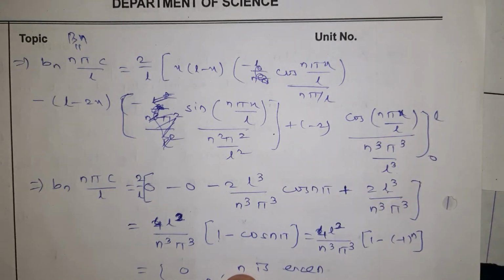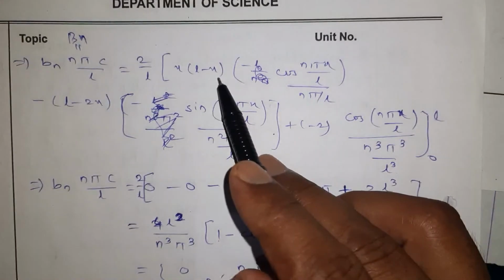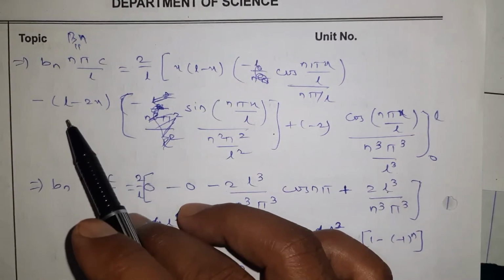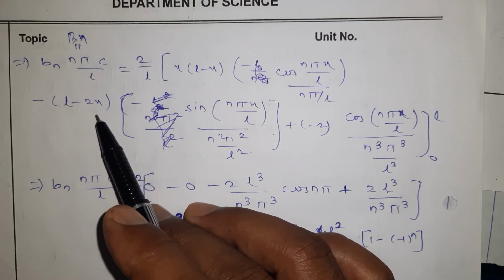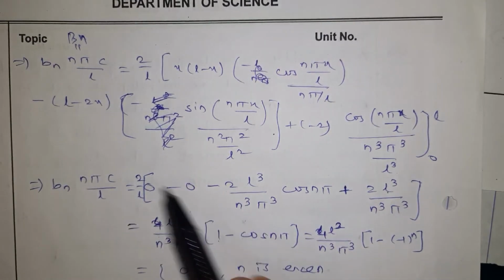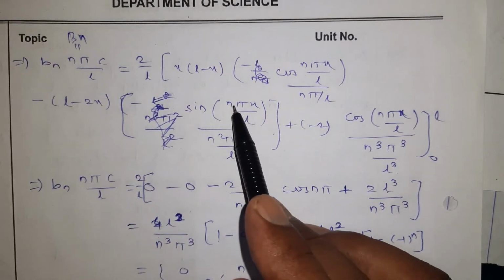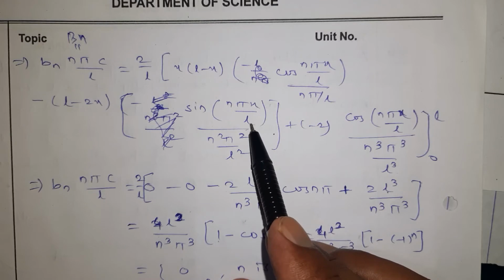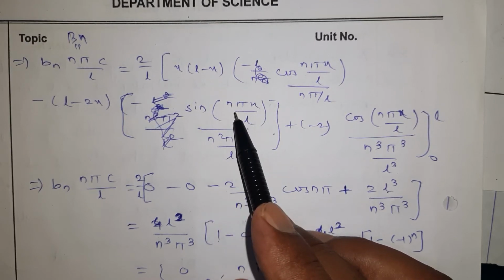Put upper limit minus lower limit. Very much easier. See, if I substitute L here, L minus L, 0. Here, L minus 2L. What remains? Minus L. Minus minus becomes plus. So here, and inside, sin n pi L upon L. L gets cancelled. What remains? Sin n pi. What is the value of sin n pi? 0.